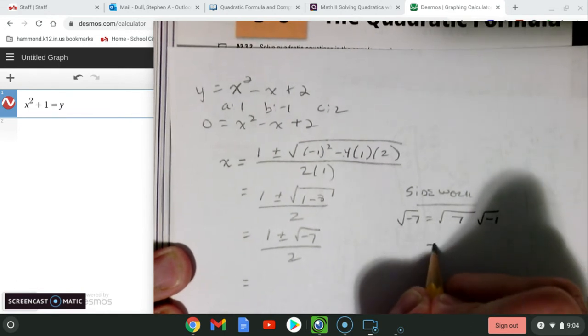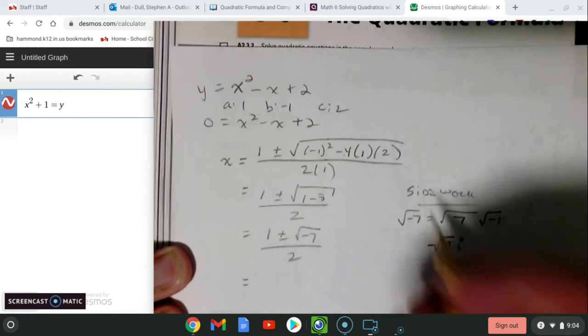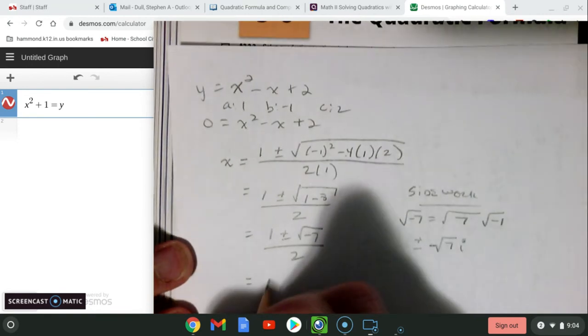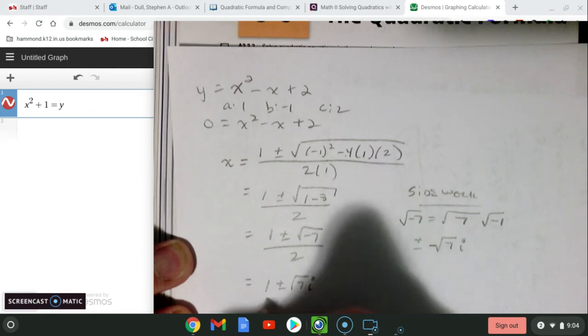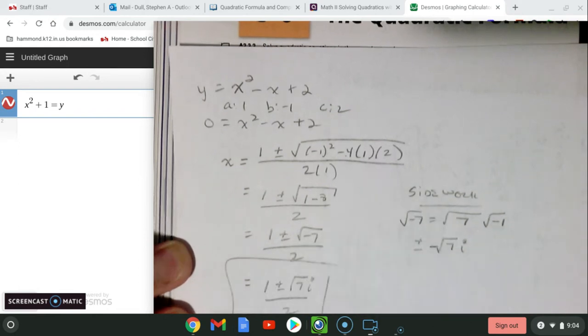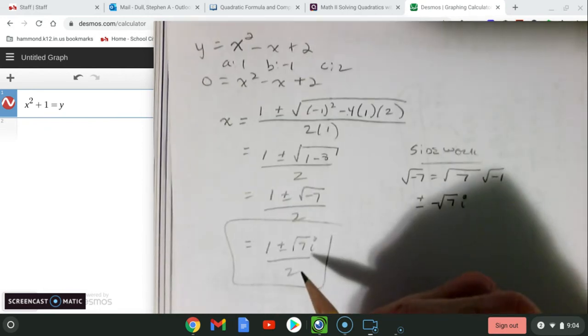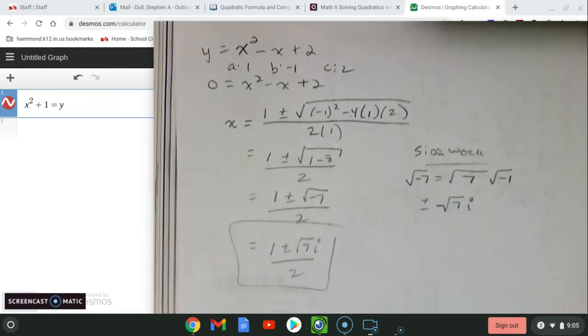So now I have the square root of 7 times i, and plus or minus. So 1 plus or minus square root 7 i over 2 is how this equation would be solved. So now we have a quadratic with complex solutions.